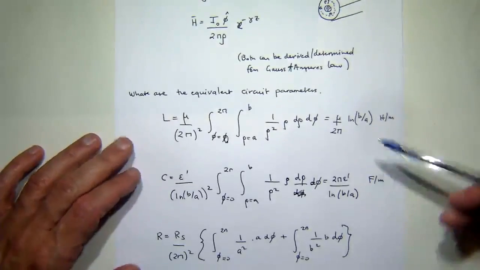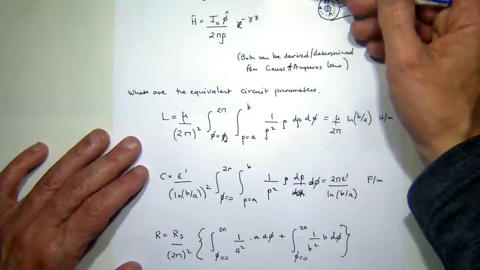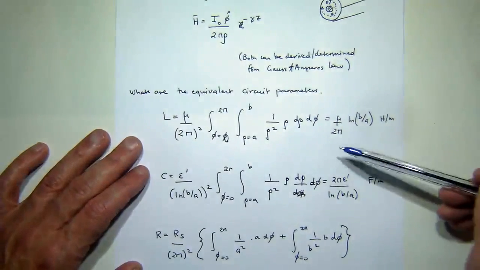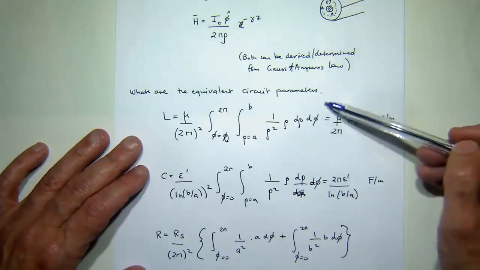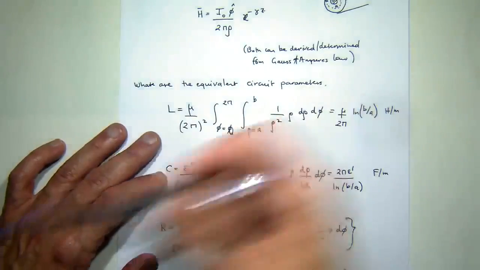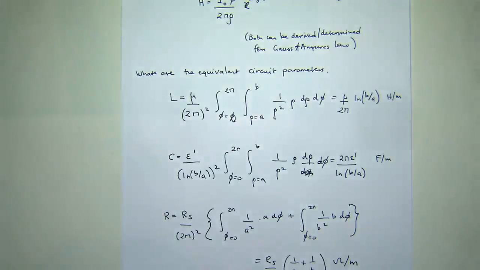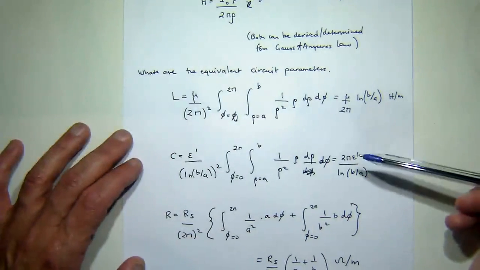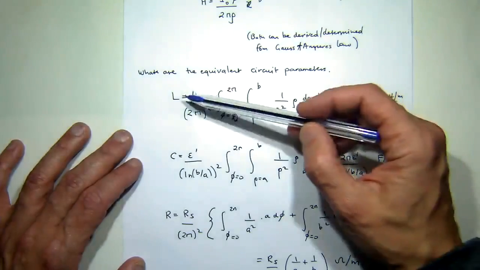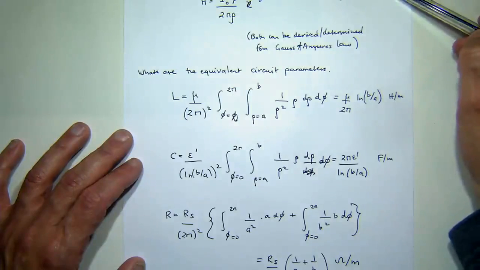Now, what I'm doing here is working out, if you had these two values, whether you can work out the equivalent circuit parameters. You can go through and show, using the formulae that we derived, or that were presented in an earlier part of this lecture, the inductance for this coaxial cable.